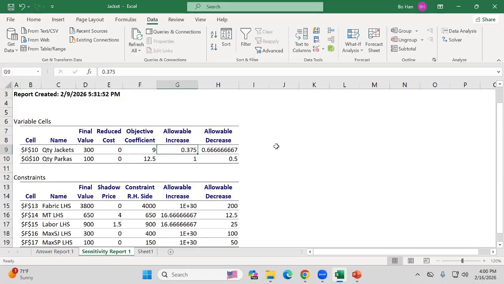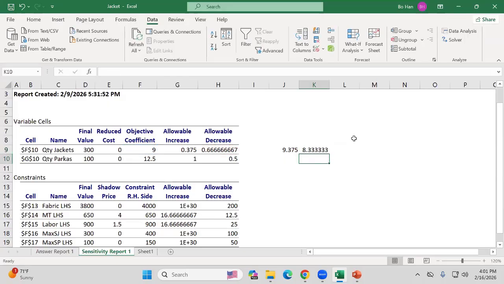So allowable increase means you can add 0.375 on top of your current $9. That will be $9.375, right? Allowable decrease, $9 minus this decreased value.